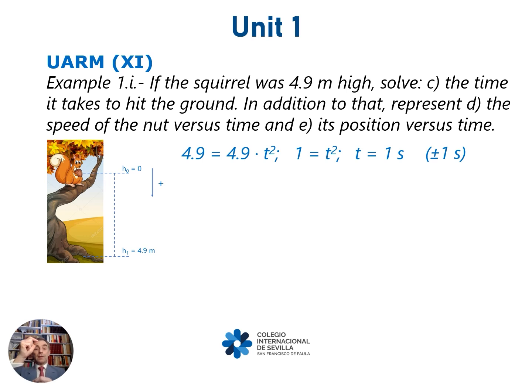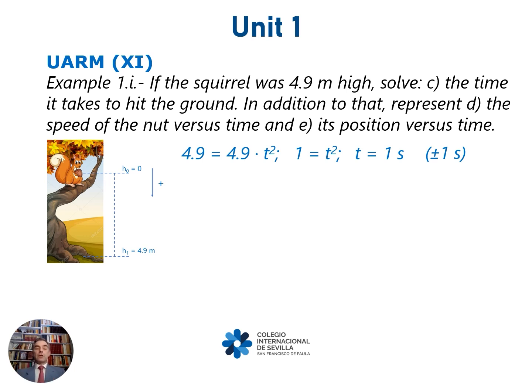That would mean that if the moving body had come from the bottom, wherever it is, going up, it would have passed the height 4.9 1 second before stopping at 0, and then it would go back again through 4.9 1 second after having stopped. That is the meaning of those minus and plus 1 second.